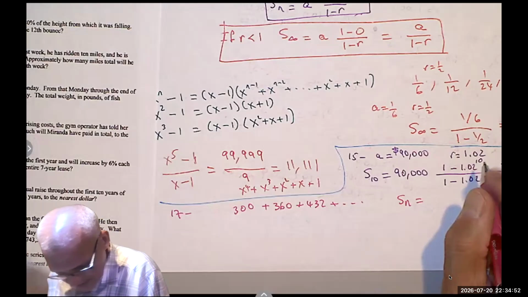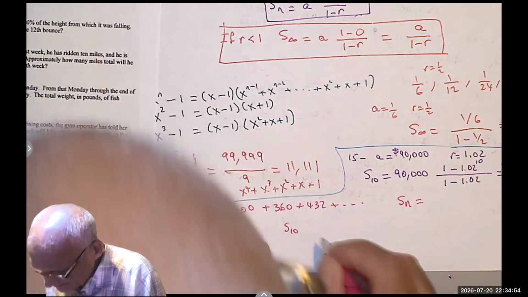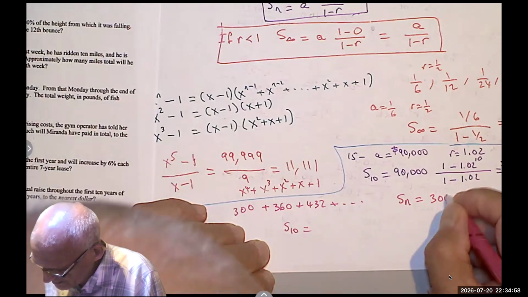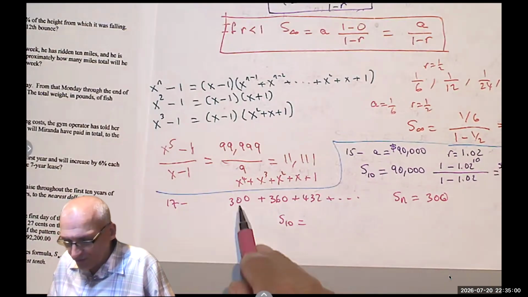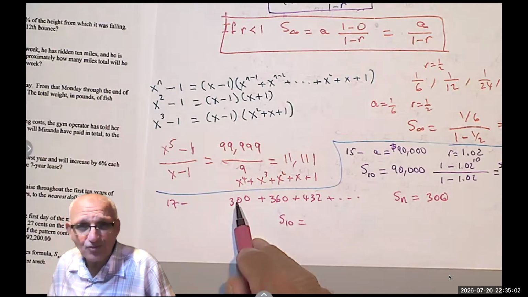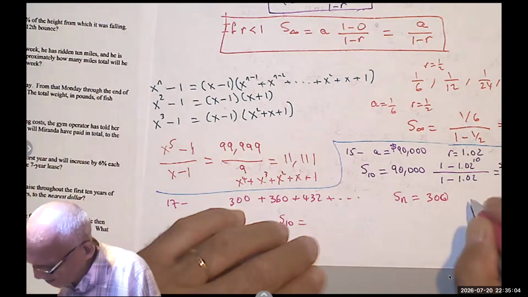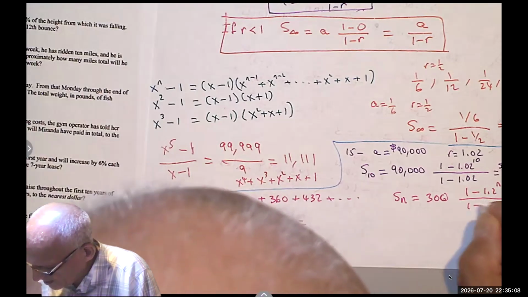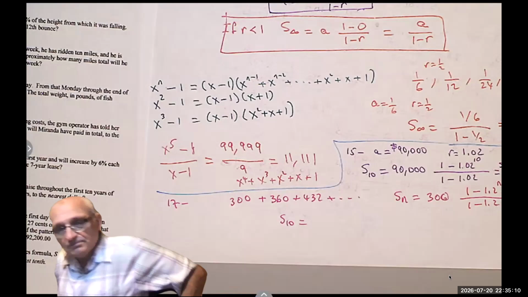Use the formula to find the sum of the first 10. So A is 300. If I divide 360 by 300, I get 1.2, right? So R is 1.2. Sn is 300 times 1 minus 1.2 to the n over 1 minus 1.2.